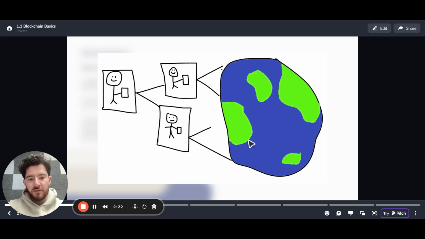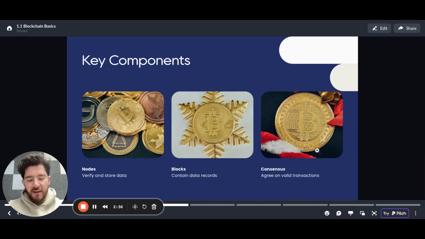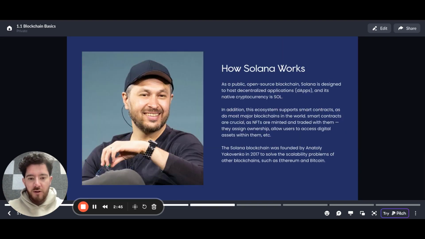All these blocks are interconnected across the world. Consensus is when all the nodes agree that a transaction has happened and it gets unified and updated accordingly across all nodes.